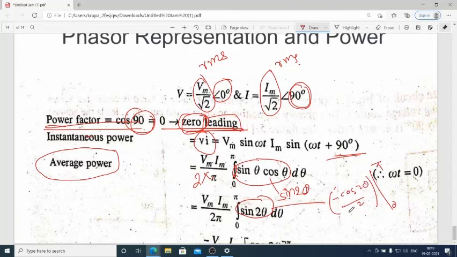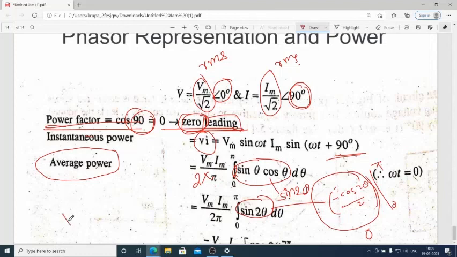On simplifying this equation, we get the value 0. What does 0 mean?